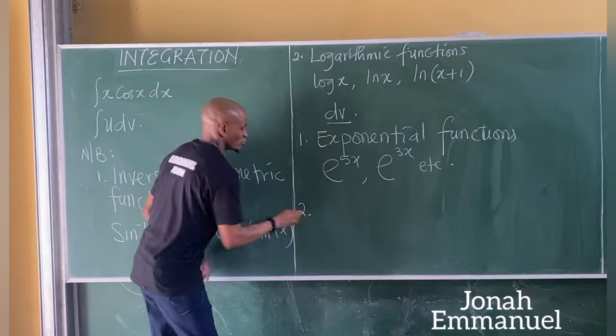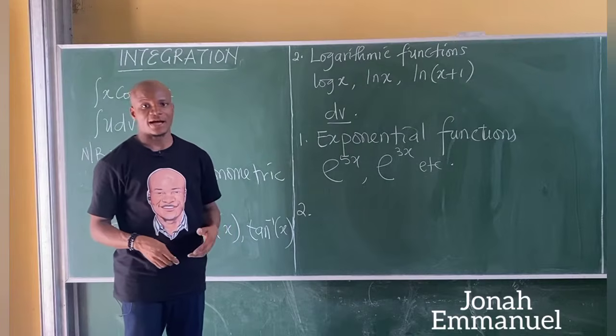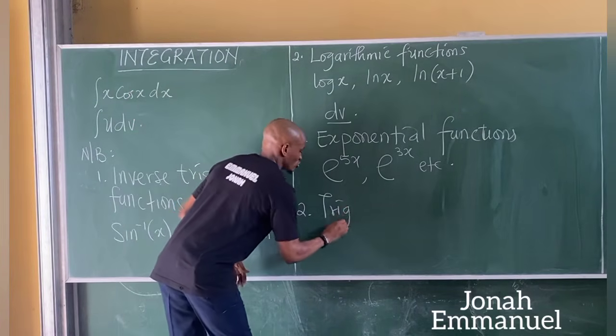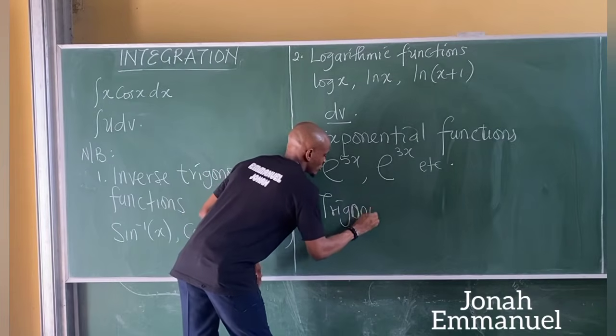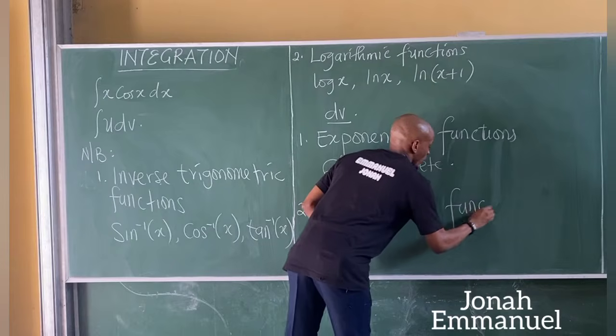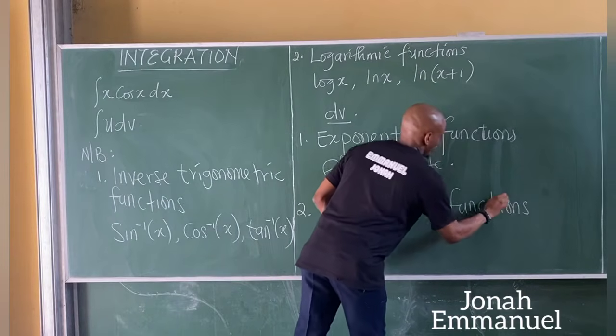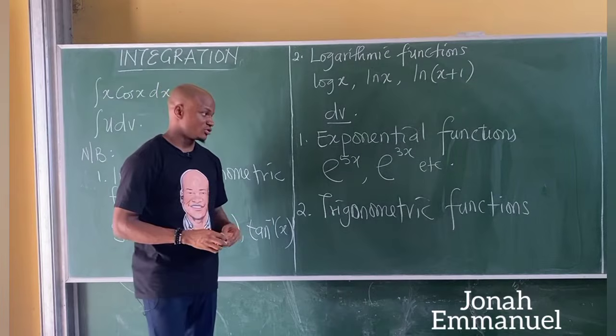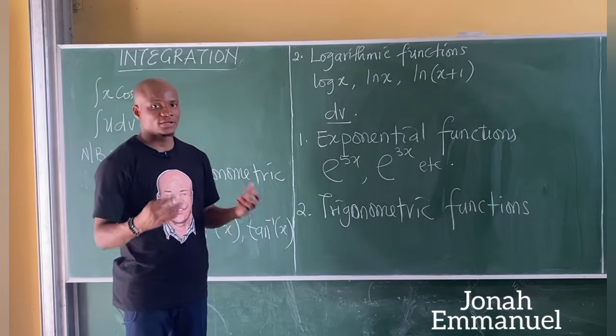Another set of functions usually taken as the v are the trigonometric functions. So usually trigonometric functions are taken as the v. Usually also take trig functions as the v.